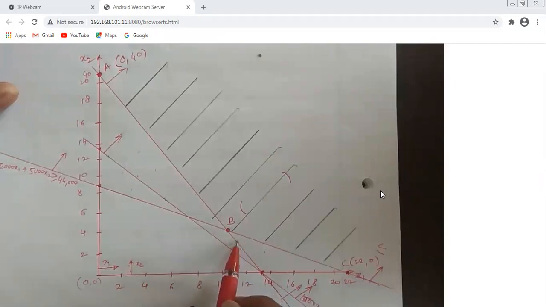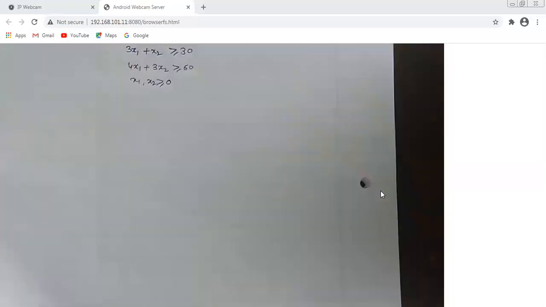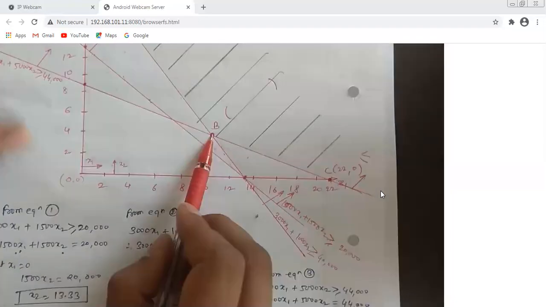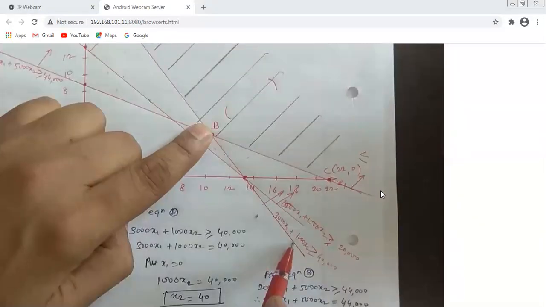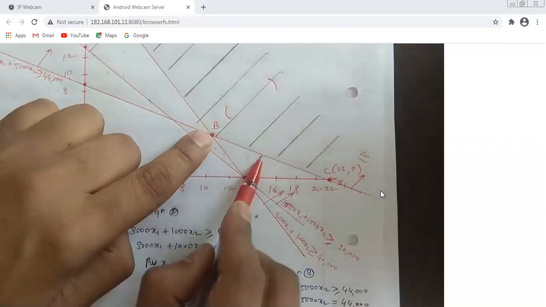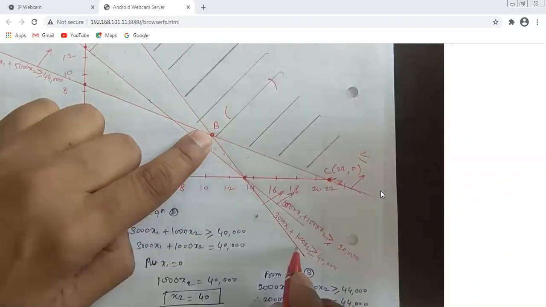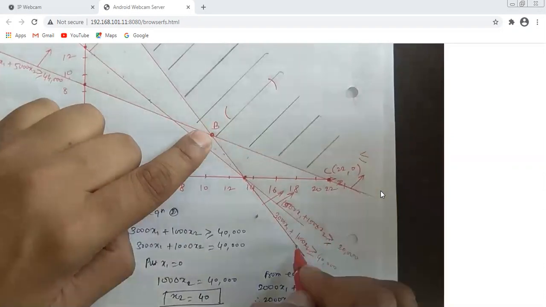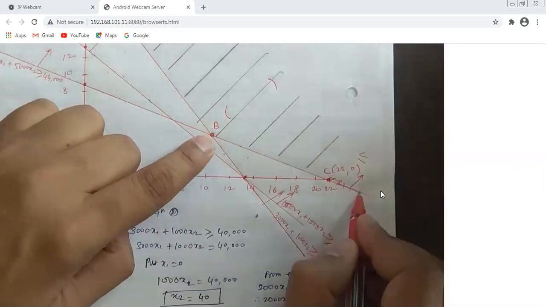From that, we'll get the values of x1 and x2. I will show you. Now see, through this point this line is passing, and through this point this line is passing. Okay, means equation number 2 and equation number 3, or we can say line number 2 and line number 3, are passing through this particular point.